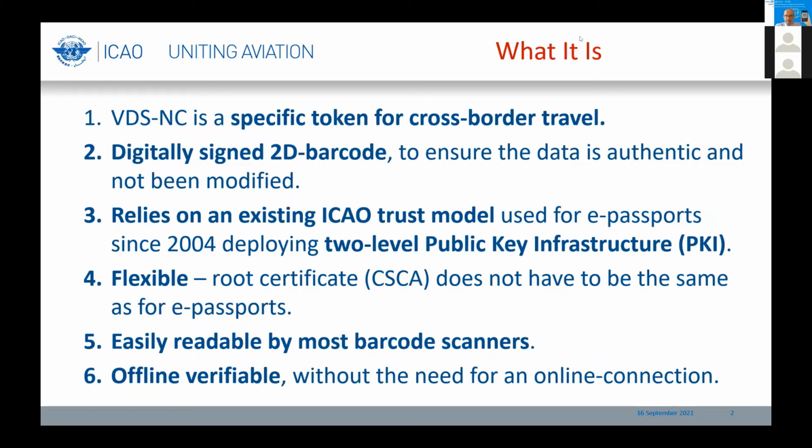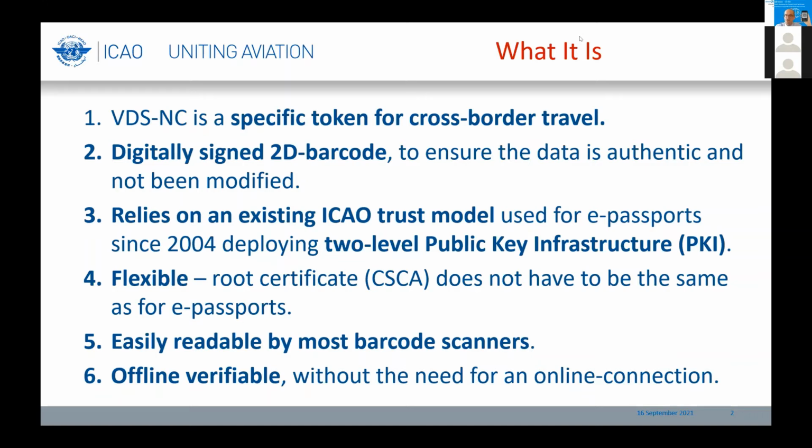The 2D barcode is very flexible, as I noted. It includes three different types of specifications, the QR code, data matrix, and so forth, and it can be easily read by at least 99% of the barcode scanners deployed around the world in airports and other locations.